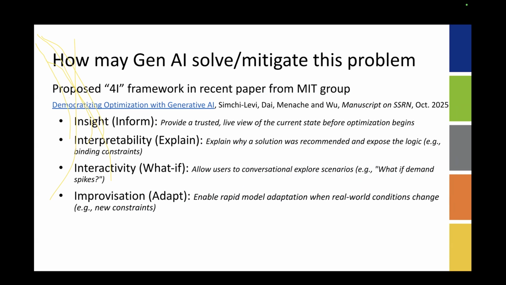The 4 I's are: insights, where Gen AI can provide a trusted live view of the current state before optimization begins; interpretability, explaining why my solution is recommended and what the binding constraints are; and interactivity, allowing users to conversationally explore scenarios.